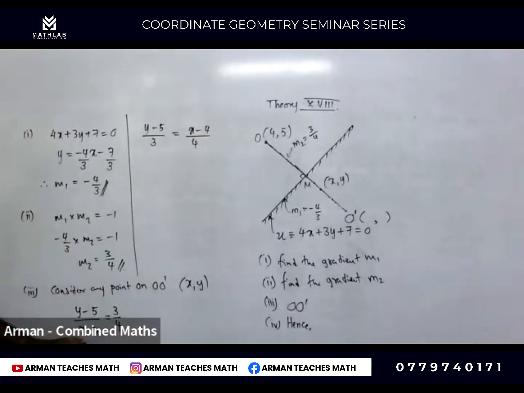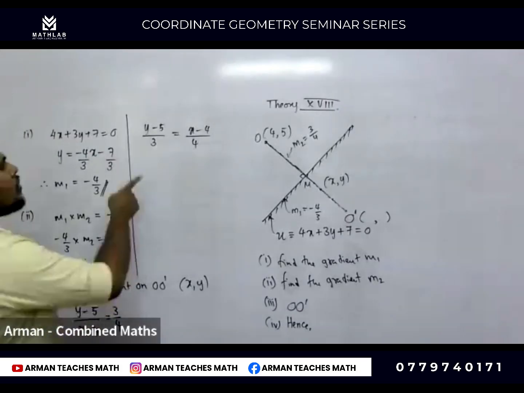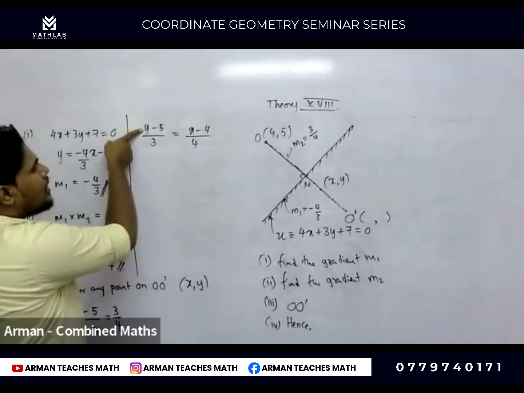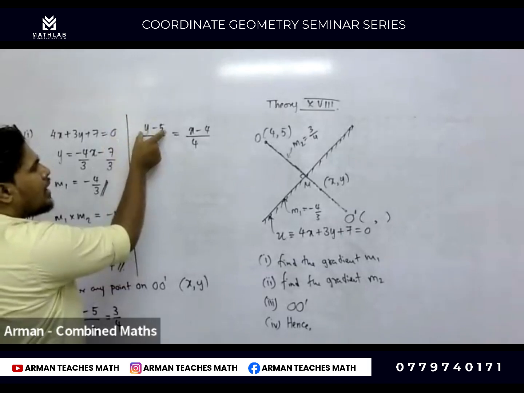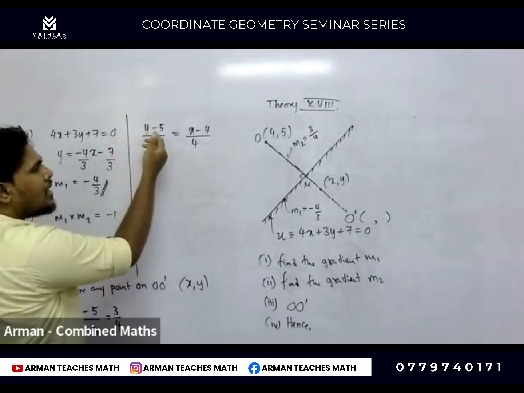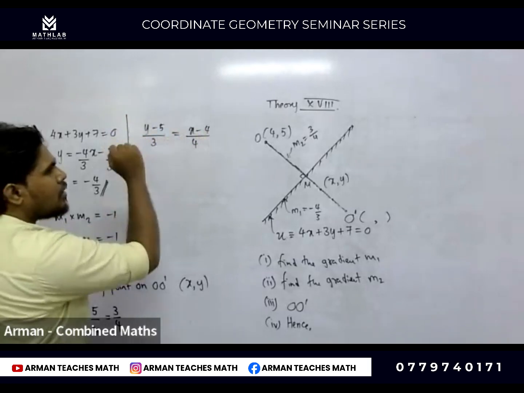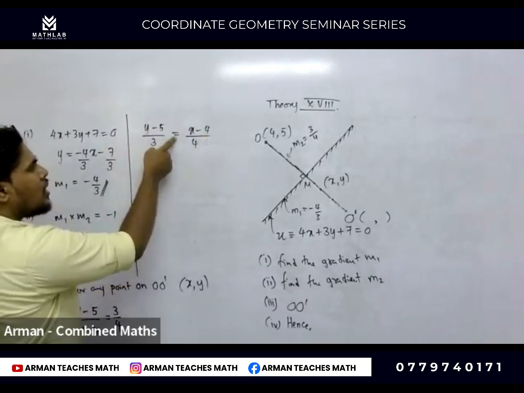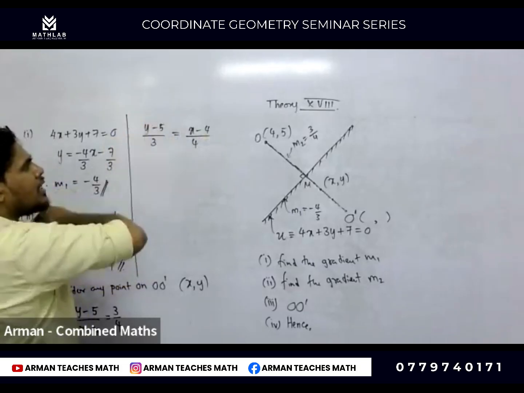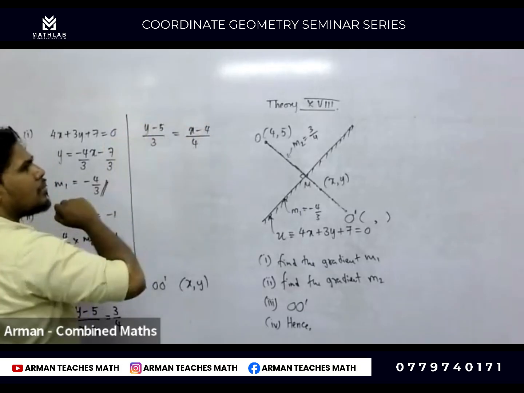There's a special cross multiplication. This one's basically the variables sent to the numerator. This one sent here. This 3 came here. Now, y is a coordinate, a real number divided by a real number is a real number. This is a real number. So this equal sign says that this is a real number, this is a real number.